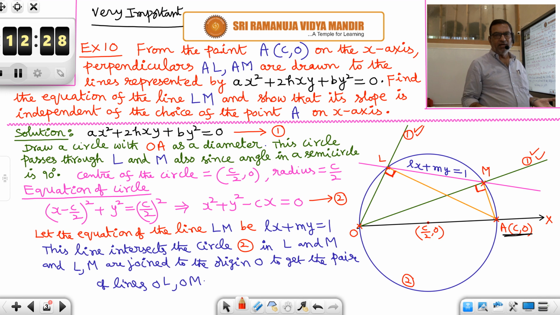Sometimes you may get rational factors, sometimes you may not. You may get irrational lines with irrational coefficients. Okay, find the individual lines. After finding the individual lines, what you have to do? A (c, 0) is given. So from that point to the individual lines, you have to find the foot of the perpendicular.